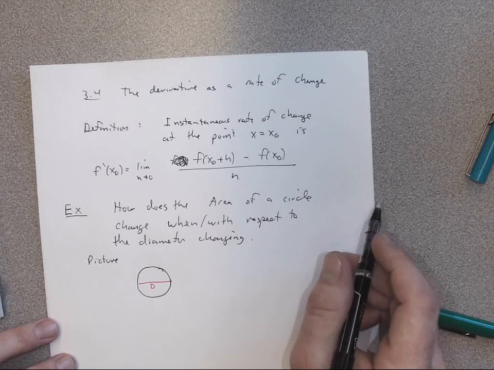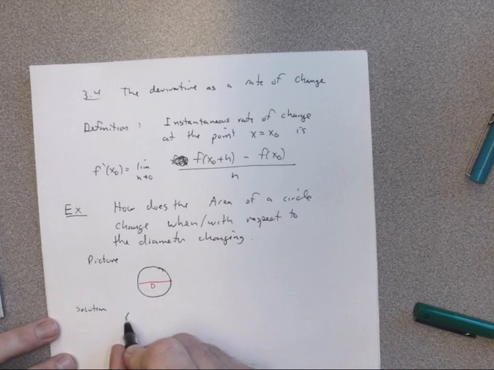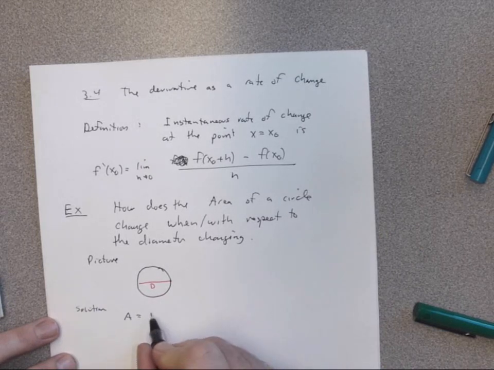So our solution here, and I want to show you where it comes from. What we know is that our area is equal to pi r squared.